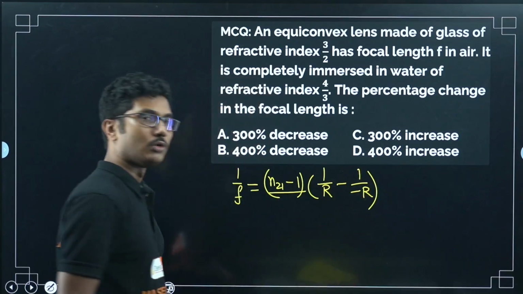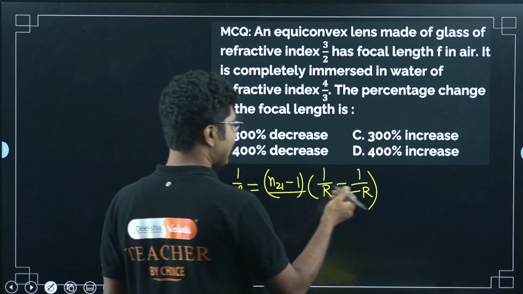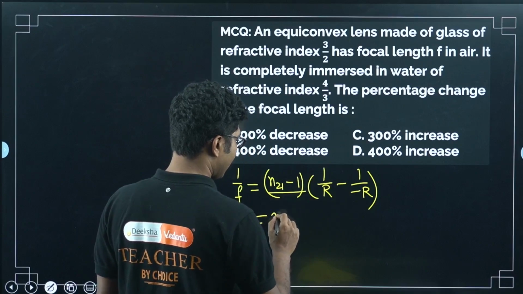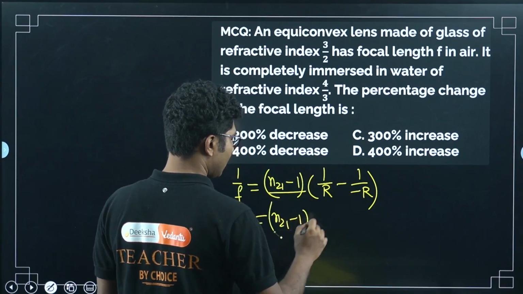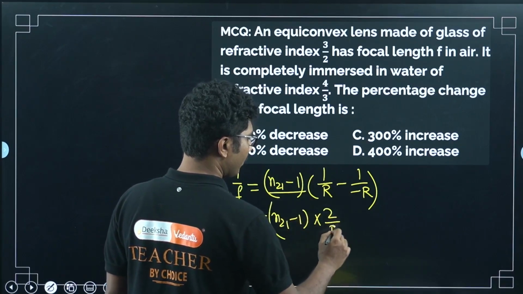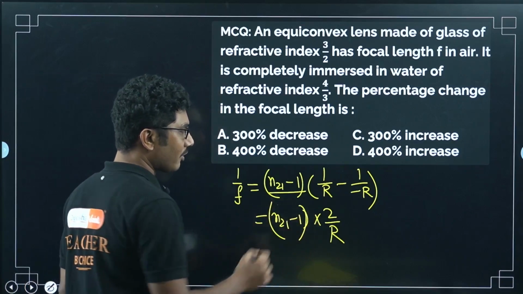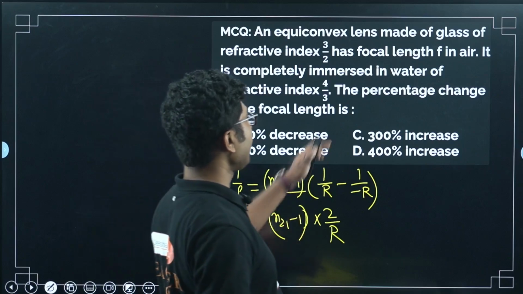Okay, this is the formula for an equiconvex lens. For a concave lens, both become minus, so it becomes negative. So (n21 minus 1) times 2 by r. If you don't remember, for a convex lens, this is the lens maker's formula.